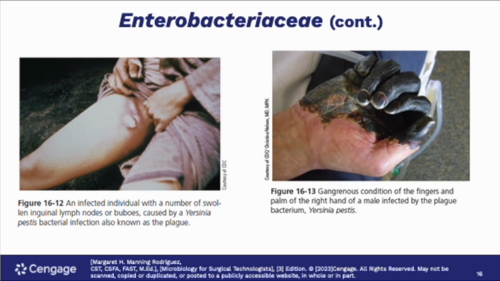So to diagnose it, it involves sputum, blood cultures, and even lymph node biopsies. Effective treatment includes gentamicin, streptomycin, and tetracycline. Now, control efforts historically focus on eradicating rat fleas, which is the primary plague vector.